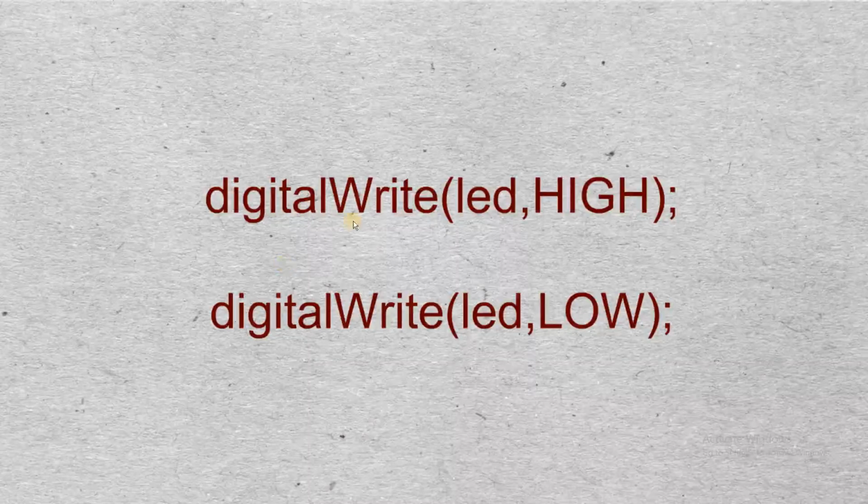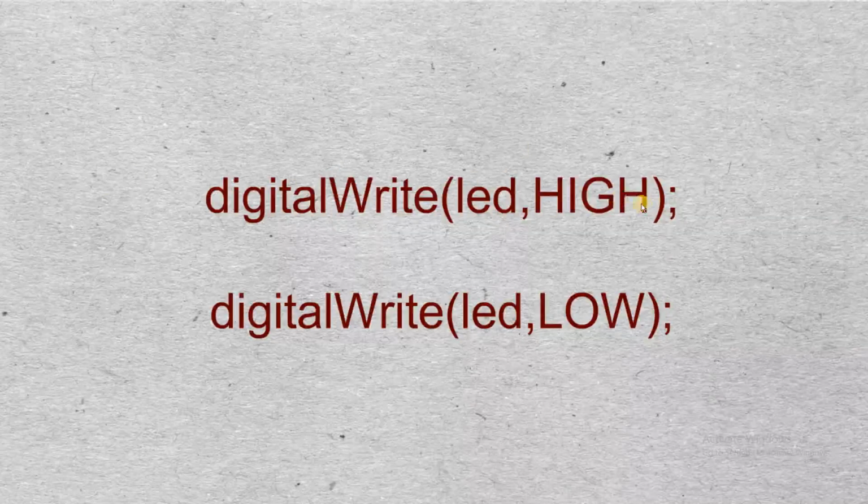So to write a high signal, which is 5 volts, you need to type this command: digitalWrite, then the name of the variable that you declared. So you write LED, comma, HIGH, if you want it to go high.